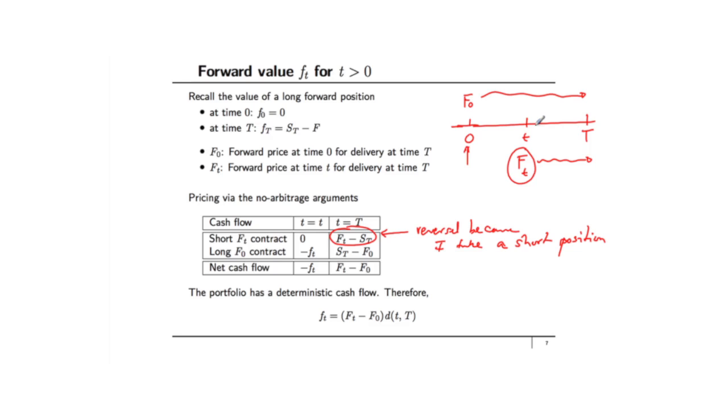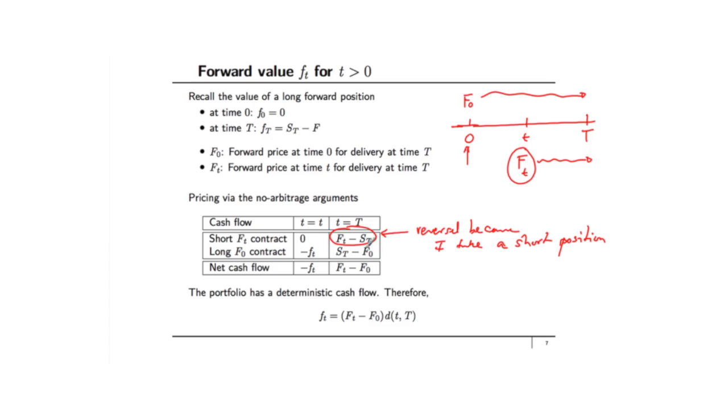Its value or its fair price is F sub little t, and therefore I have to pay that amount in order to get it. So the cash flow at time little t is going to be minus Ft associated with this contract. The cash flow at time capital T is going to be S capital T minus F0.